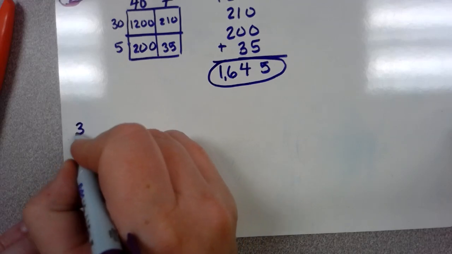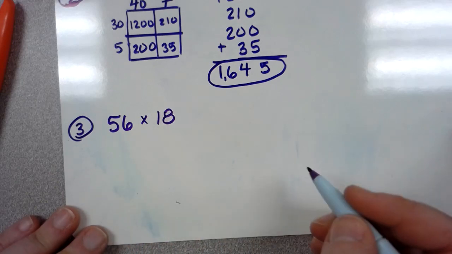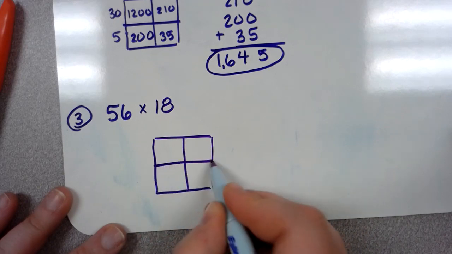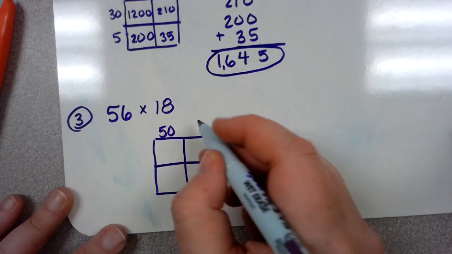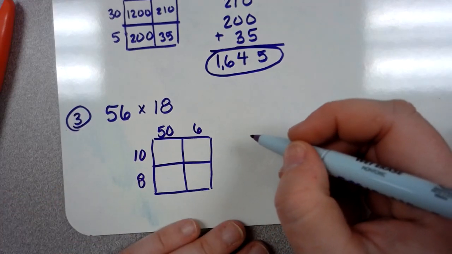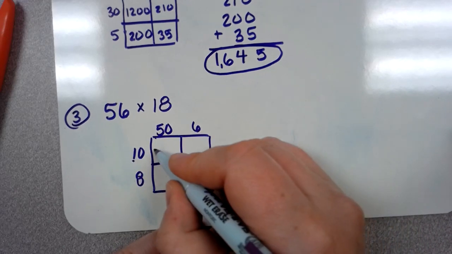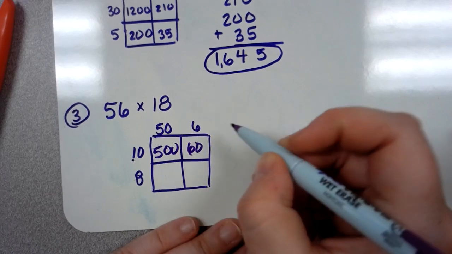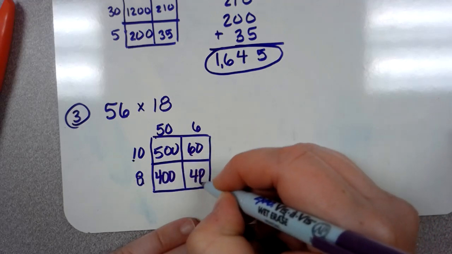Okay, number 3. Let's do 56 times 18. So I'm just going to come right here. There's 4 digits, so there's going to be 4 blocks. So 56 is 50 and 6, and then 18 is 10 and 8. So what I'm going to do is I'm going to start to multiply. 1 times 5 is 5 with 2 zeros. 10 times 6 is 60. 8 times 5 is 40 with 1 zero. 8 times 6 is 48.